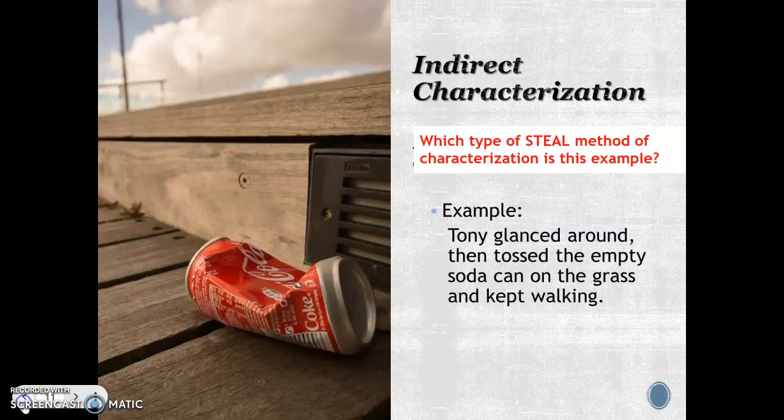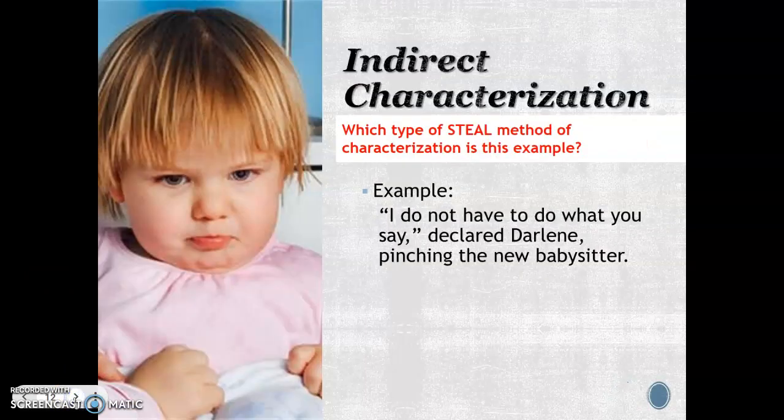All right, let's look at this one. What do we learn about Tony, and what method of characterization is being used here? If you chose actions, you chose correctly. We learned that he is a dishonest character based on what he does. How about this final example?